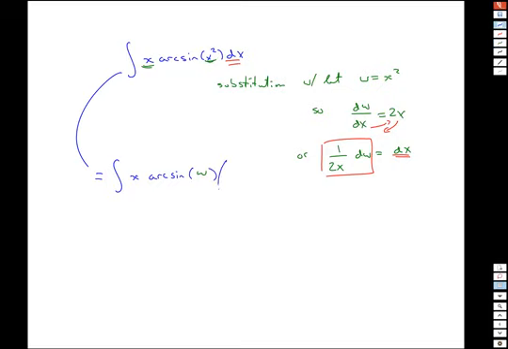And then the dx is going to turn into our 1 over 2x dw. And then you can cancel things. The x here and the x there cancel. We do a little bit of tidying, and we get 1/2 the integral of arc sine of w dw.